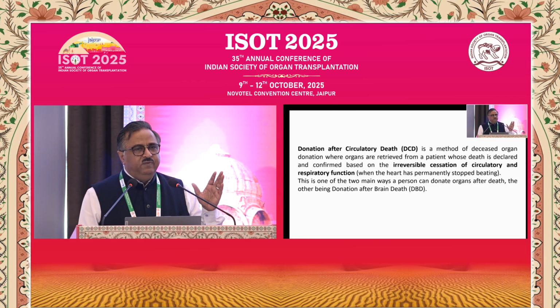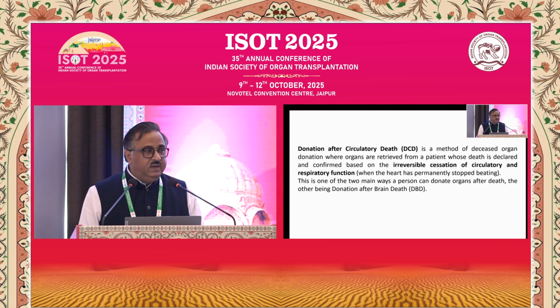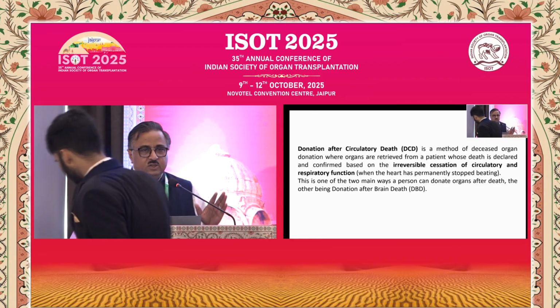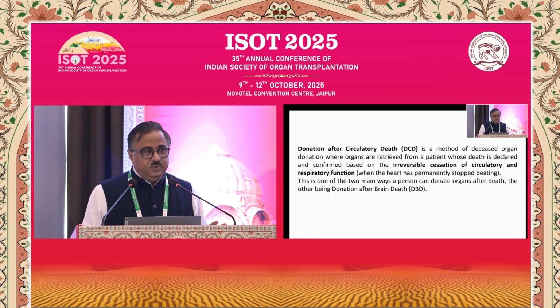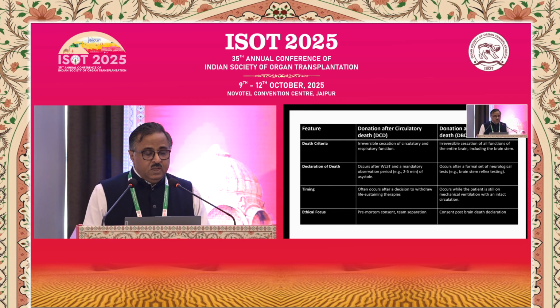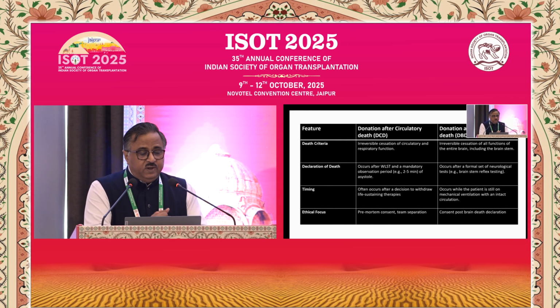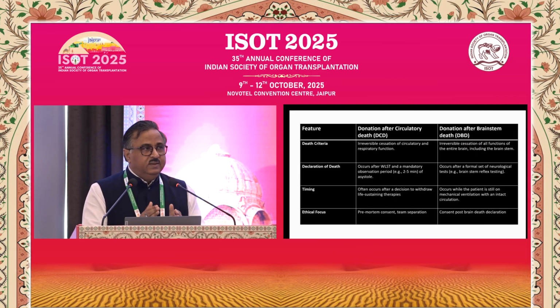It is a physiological death of the brain, it is not an anatomical death. So it is physiological death of the brain cortical function as well as brainstem function, and that is what we are currently practicing. Now, how to differentiate between this DCD and DBD?